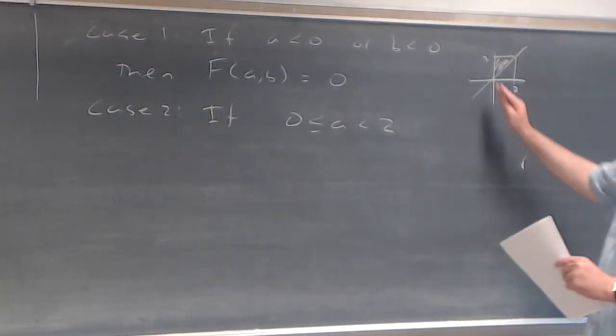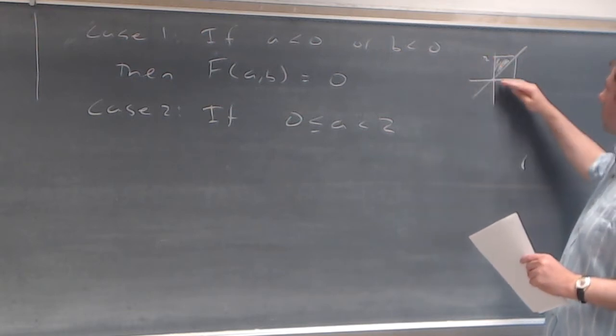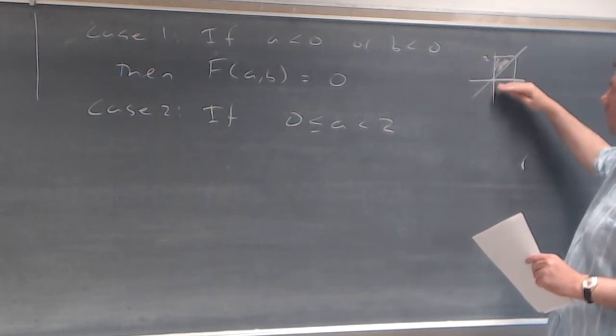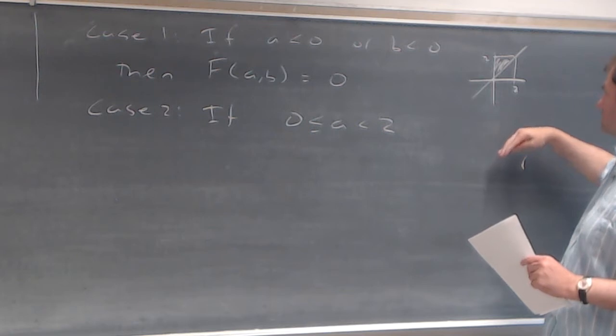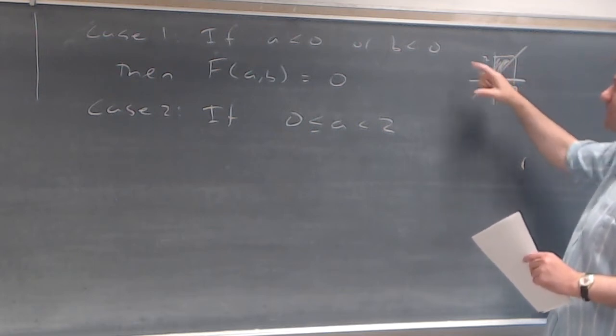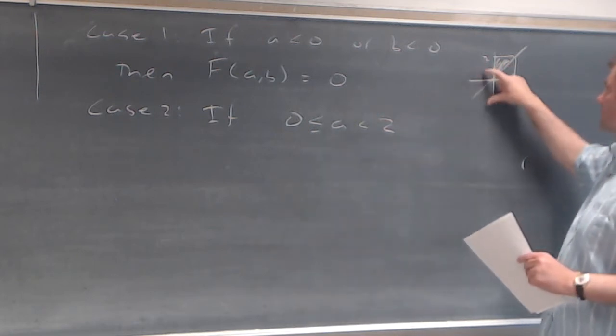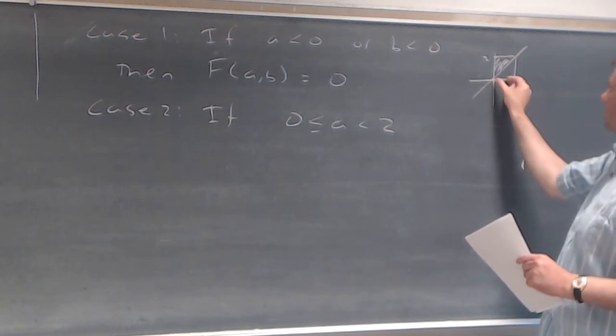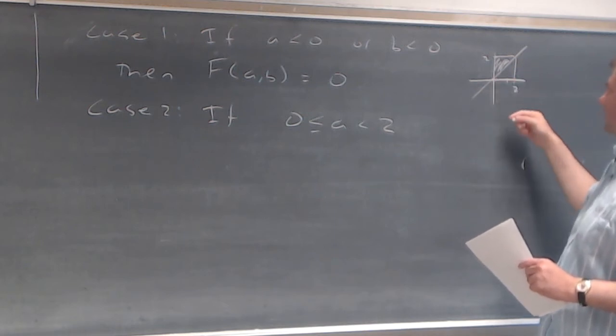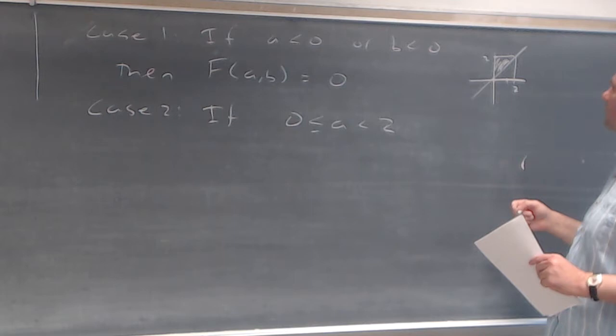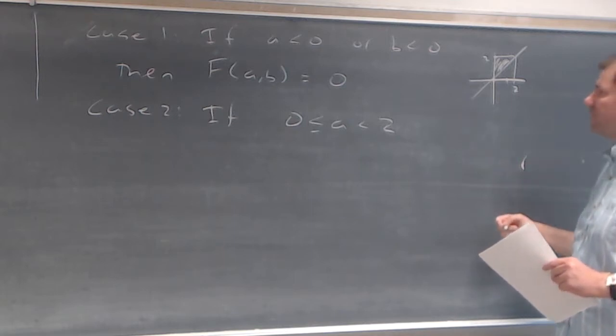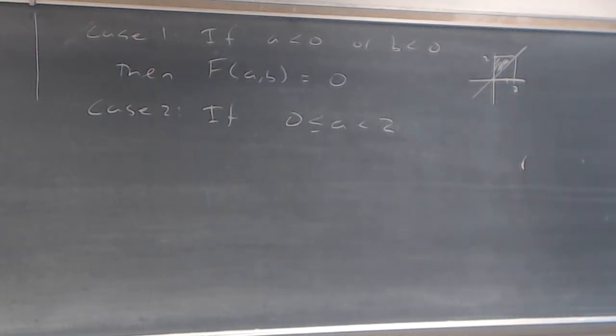If a is less than 0 or b is less than 0, we already know the joint CDF is 0. Now I'm saying, what if a is somewhere in here? Then how are we going to define F of a b, the CDF?